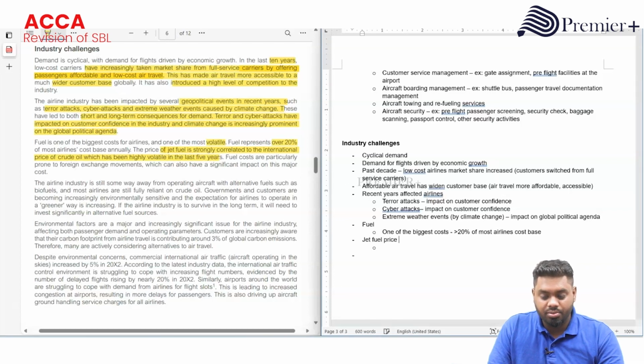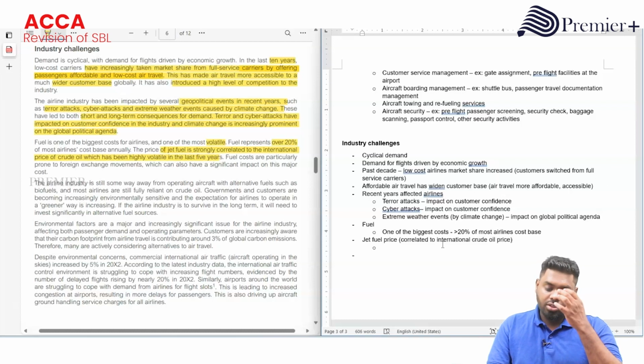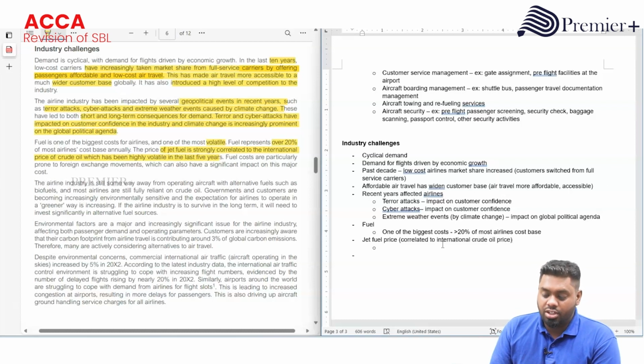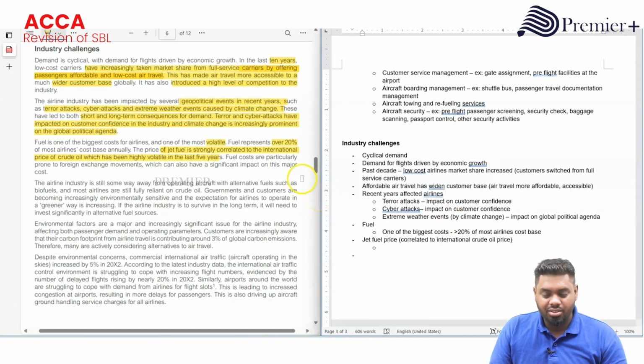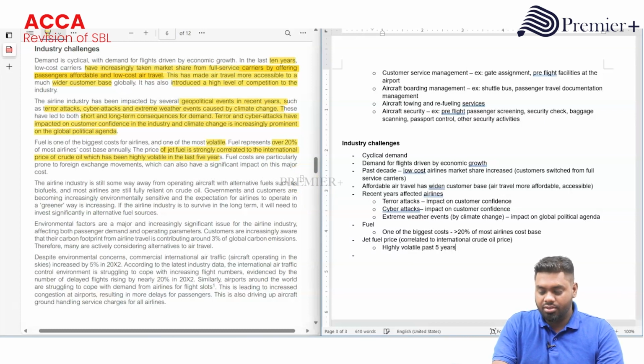Jet fuel price is correlated to international crude oil price, highly volatile in the past 5 years.